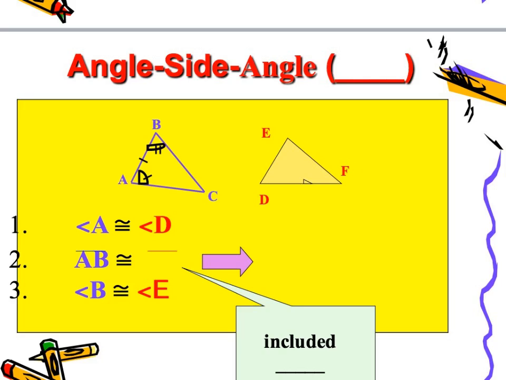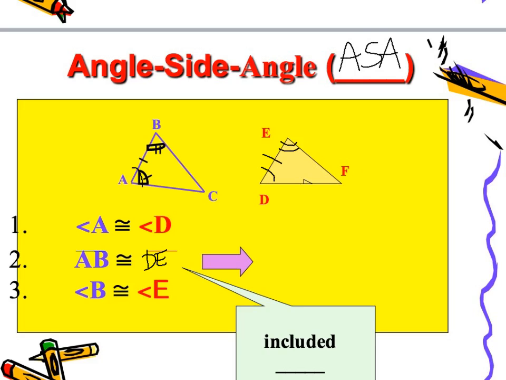The next one is called angle side angle, or ASA. We're going to fill in and mark DEF over here. A is congruent to D, so A has one swoop, D will have one swoop. AB is congruent to DE. We have one slash there. And angle B is congruent to angle E, and that's two swoops.